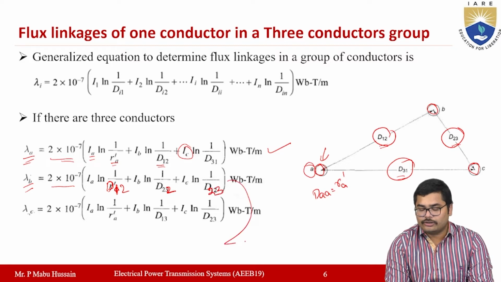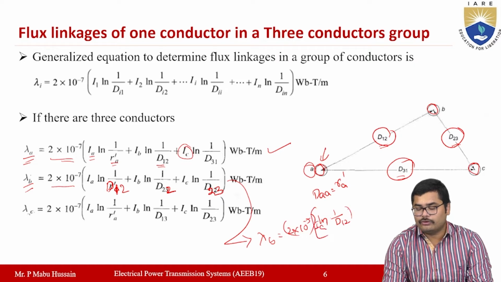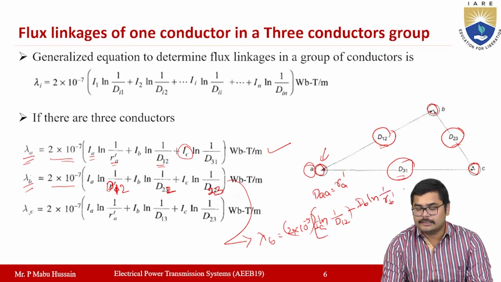Okay. So this expression, if you write, you will get lambda B equal to 2 into 10 power minus 7 times IA into ln 1 by D12, plus IB into ln 1 by R B dash, plus IC into ln 1 by D23, you will get.